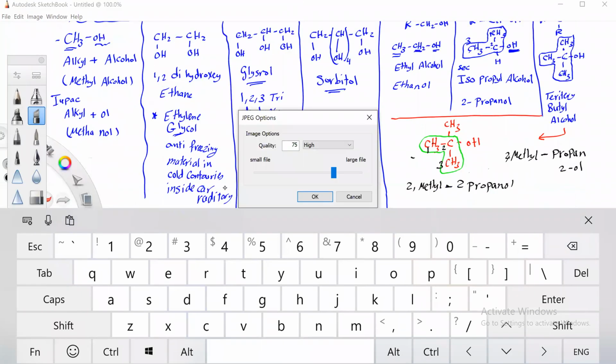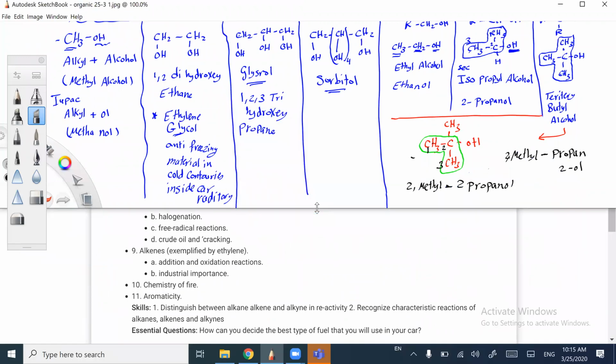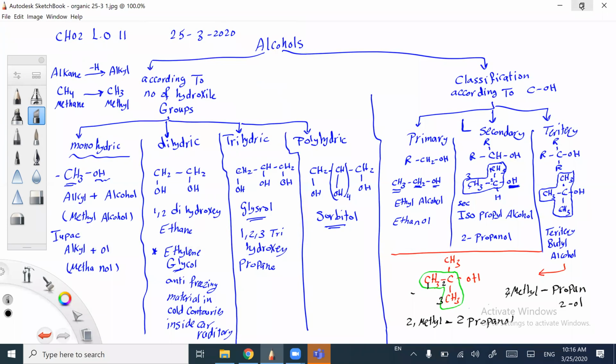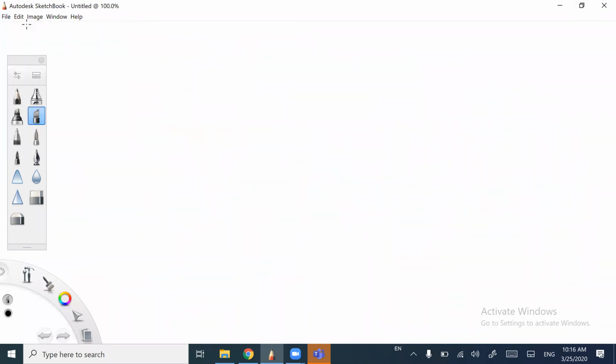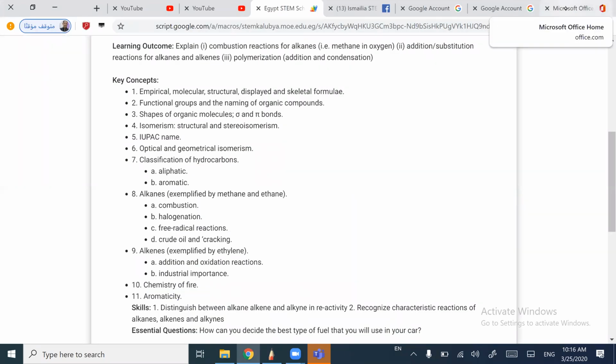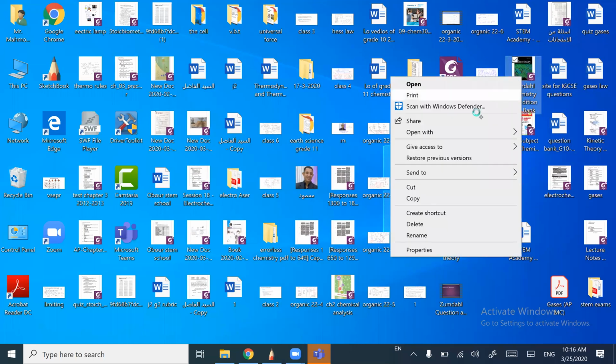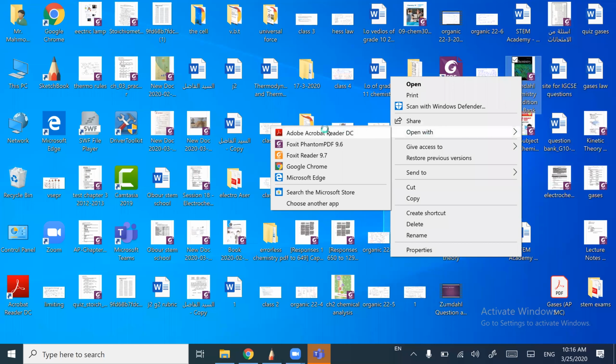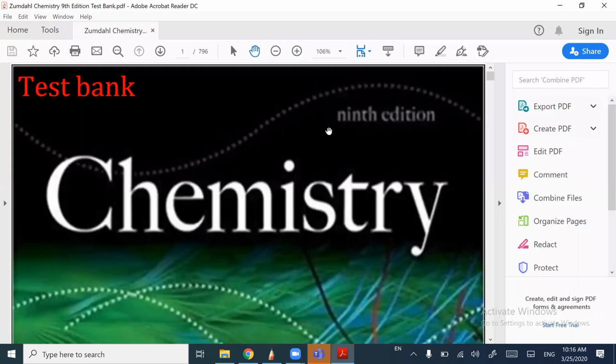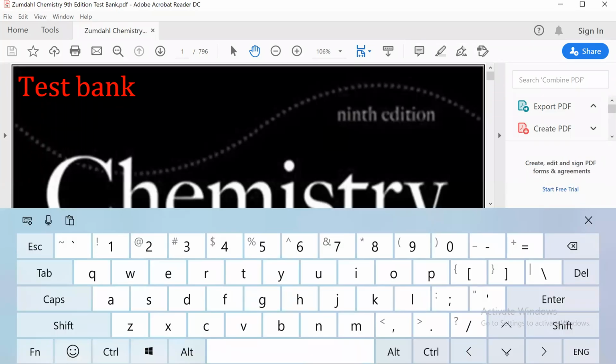Okay, the first slides are saved. Let's look at an example from the Zomdal test bank. Bismillah ar-Rahman ar-Rahim. Where is the Zomdal test bank? Okay, 700, maybe 750.